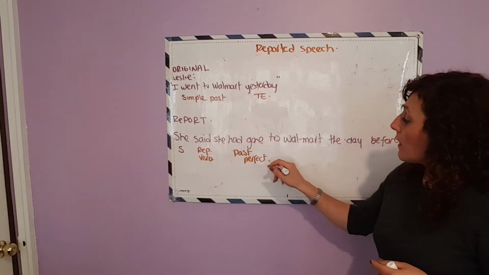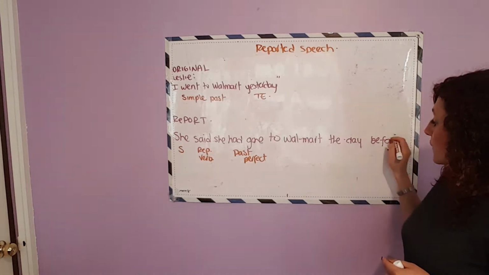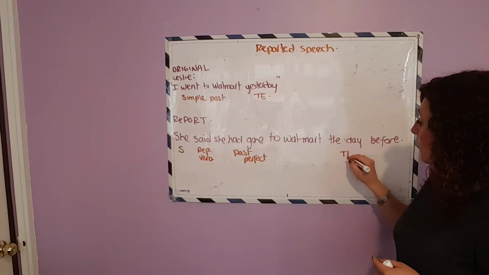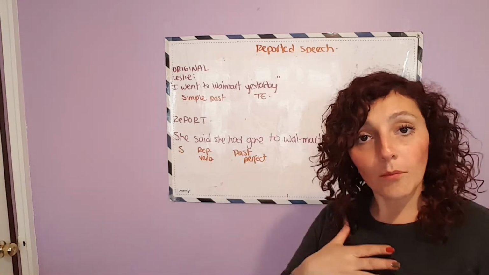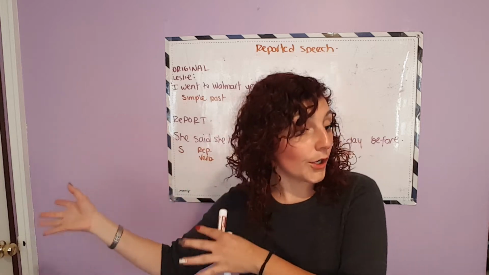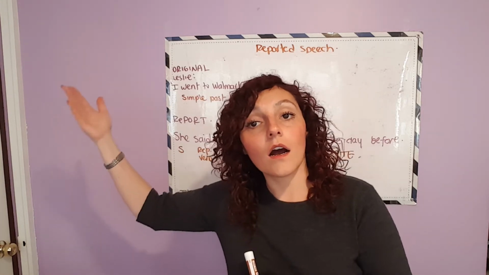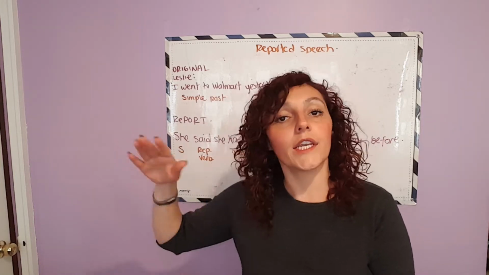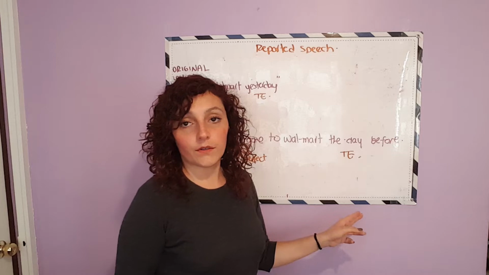So, as you can see, yesterday is transformed into the day before, no? So now I am my boyfriend and I say, well, my girlfriend or Leslie said she had gone. No, she went. She had gone to Walmart the day before, right?